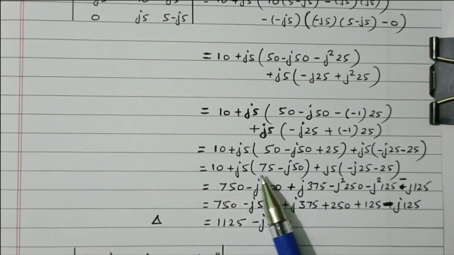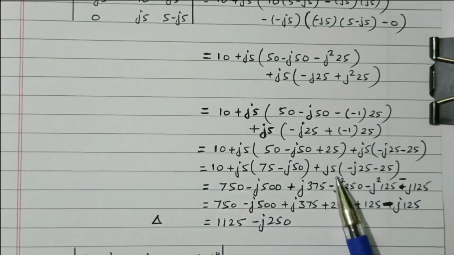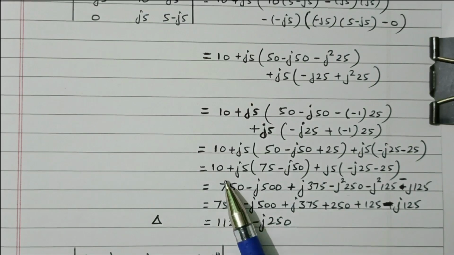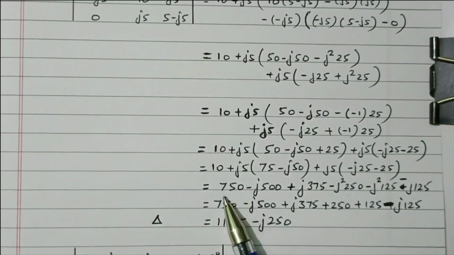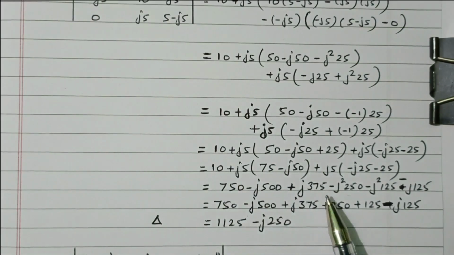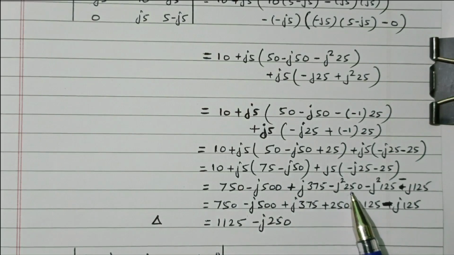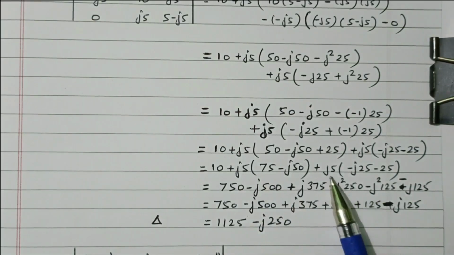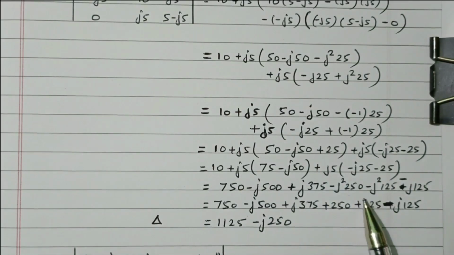Now we will multiply inside this. (10 + j5) is multiplied inside. So first multiply with 10, 750 - j500. Then multiply with j5: + j375 - j square 250. 5 into 50, 250. Minus, the j5 also multiplied inside, - j square 125 - j125. Right.